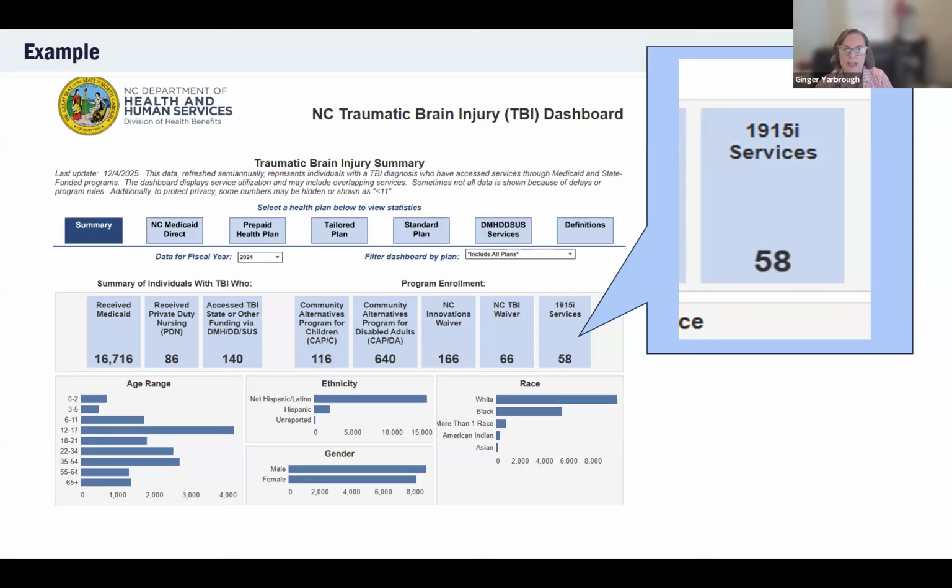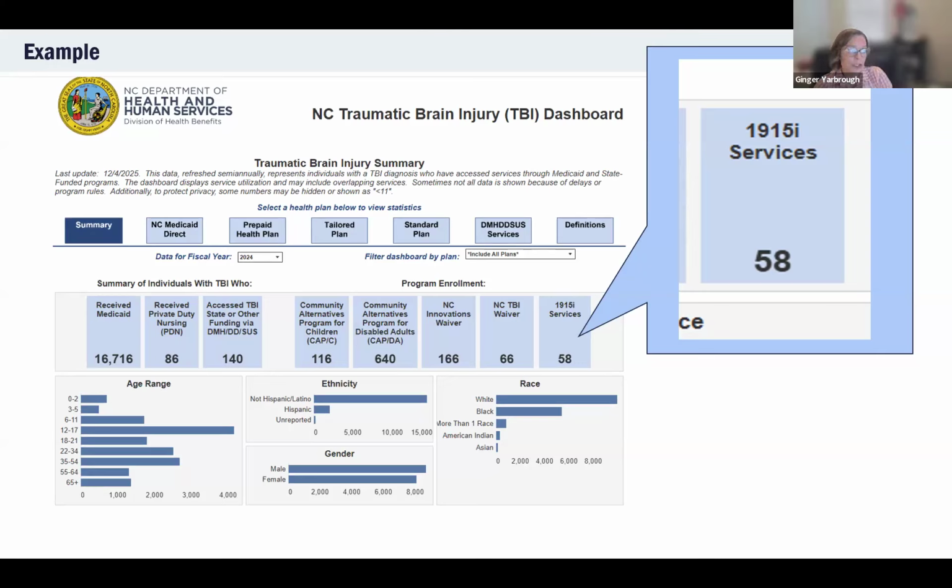So we know we have some access barriers to address within our action plan. Education, communication, and streamlining the process are all ways that we can start addressing those 1915i services.